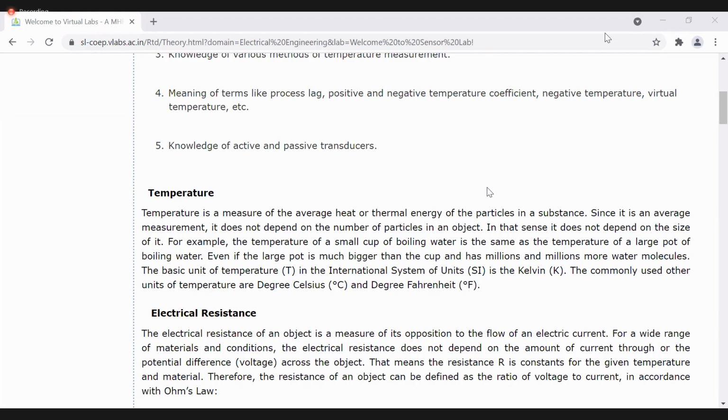Yes, 43. Sir, hello. Yes, 43. What is your name? Sai Varun, sir. Okay, 43, tell me how to measure temperature using RTD. Sir, RTD measures the temperature with respect to the resistance of a material, sir. Okay, 43. I will ask one more question.